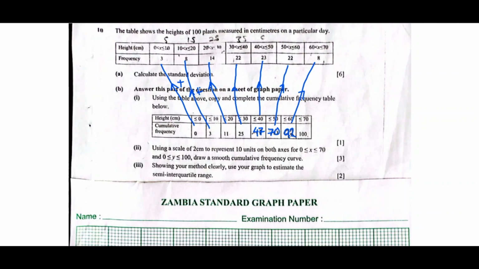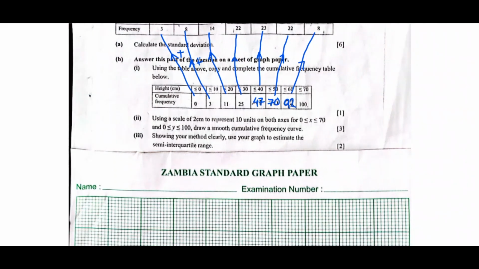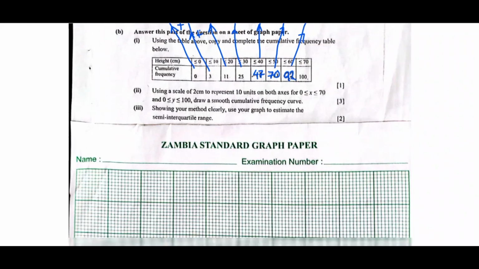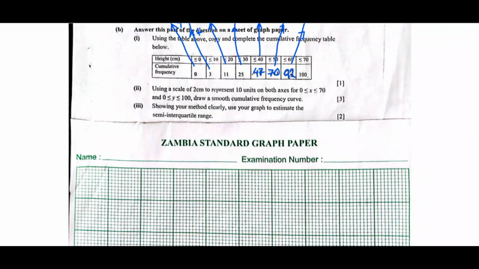Now we can look at Roman numeral 2, using a scale of 2 centimeters to represent 10 units on both axes. For the x-axis, the range is 0 up to 70.